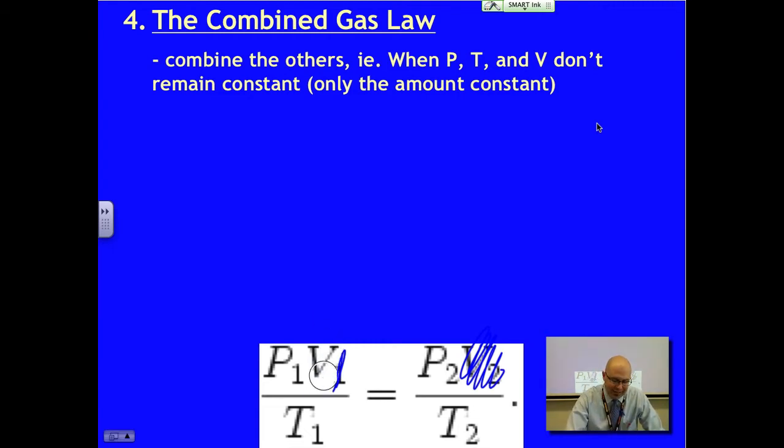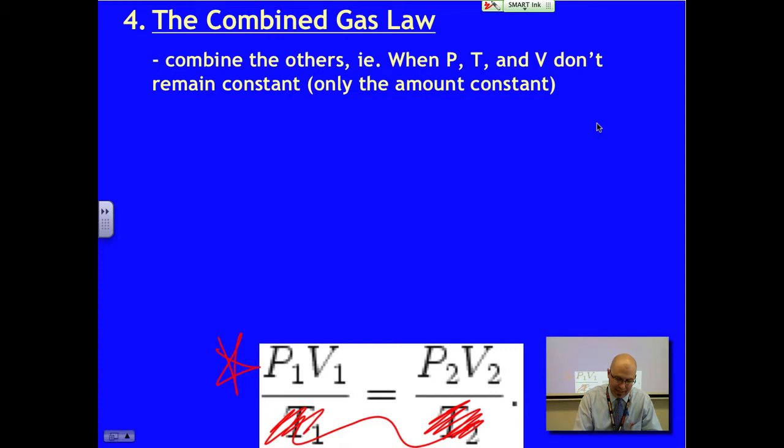So rather than remembering three laws and three formulas, remember this one law, and if one of those variables remains constant in a problem, ignore it. If a question gives the pressure, volume, and temperature, then changes the pressure and asks for the new volume, and the temperature remains constant, just cross it out and you'd be using Boyle's.